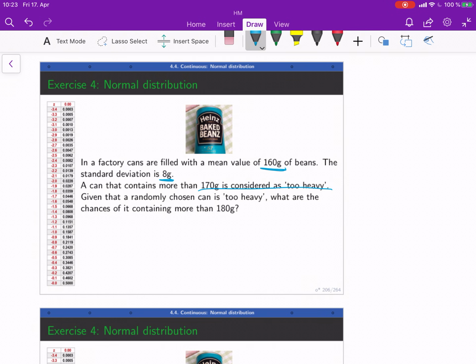So you basically have a crate just full of too heavy cans, and now you look at those, and within this kind of too heavy sample, what are the chances of a can containing more than 180 grams? And this is now kind of combining things we learned a couple of lectures ago with the conditional probabilities with a normal distribution.